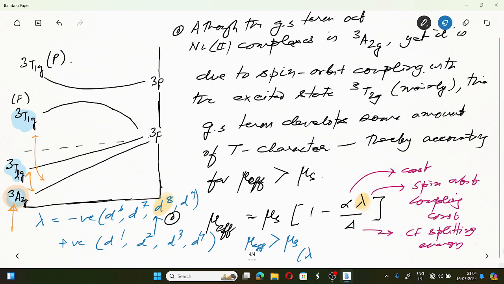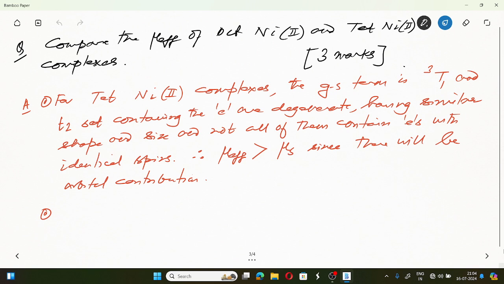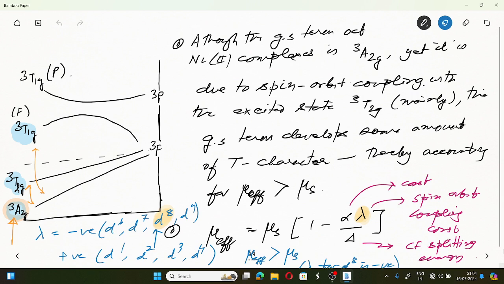কেন, ল্যামডা for d8 is negative, so that is why mu effective is greater than mu s. তাহলে তোমার পরীক্ষার খাতায় 3 নম্বরের জন্য লিখতে গেলে you have to draw the orbital diagram, there will be marks for the orbital diagram, you have to write down, draw the splitting diagrams, তারপর তুমি tetrahedral নিকেলের জন্য you have to mention this one, and for octahedral nickel you have to explain like this, okay.